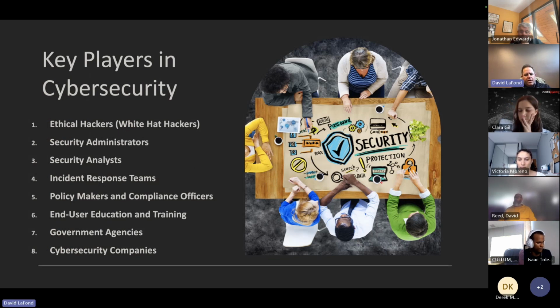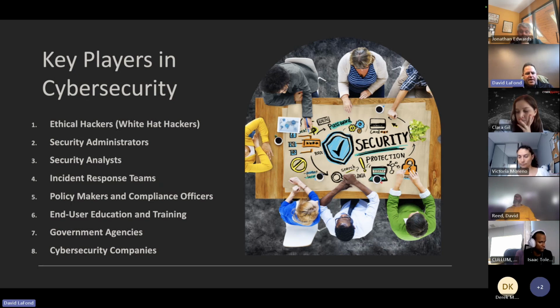Well, when we're talking about cybersecurity, the key players somebody would think about are, number one, just general hackers, right? Because those are the people we're trying to keep out. But in some cases, we use the term ethical hackers, as people who are hacking for good to help us support cybersecurity. Then, of course, you have the individuals who run the systems, like security administrators. You have the people who help to assess the system, security analysts.